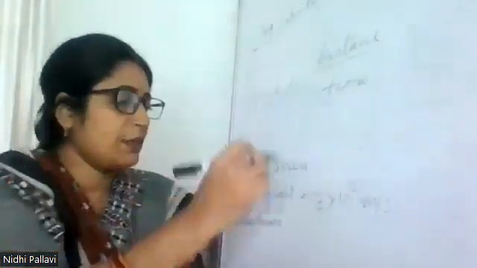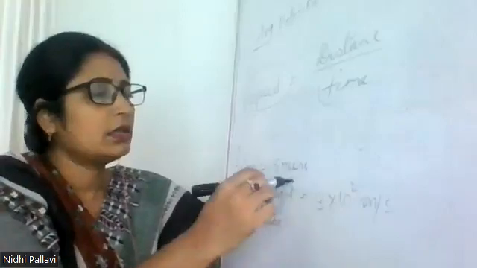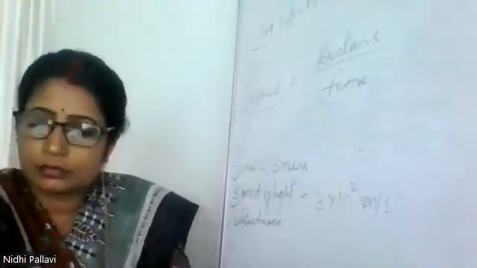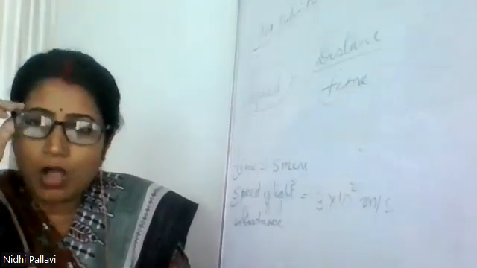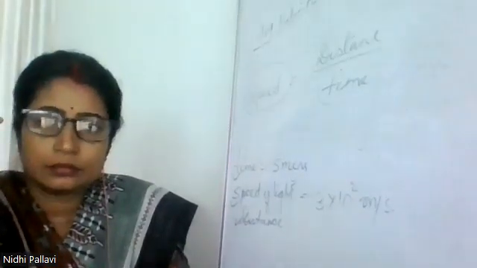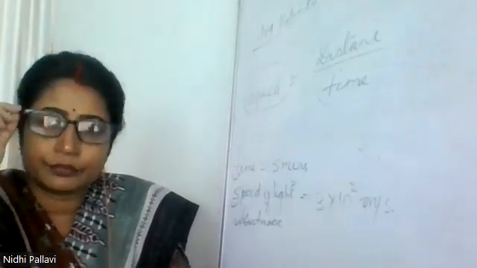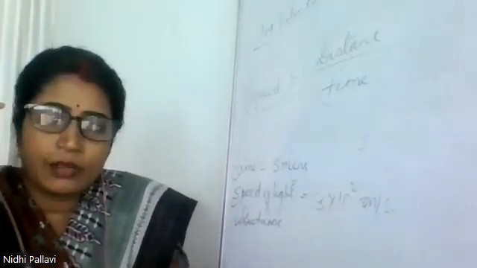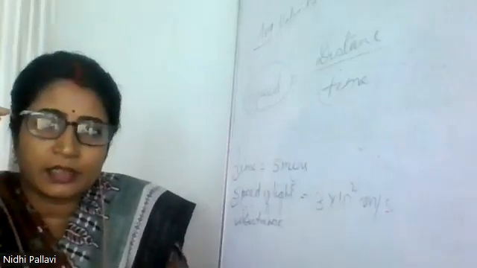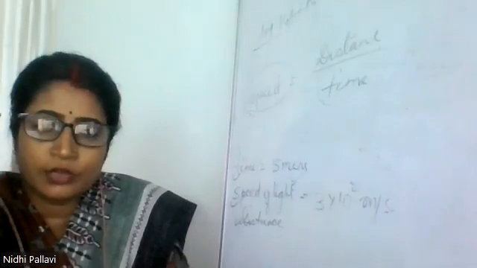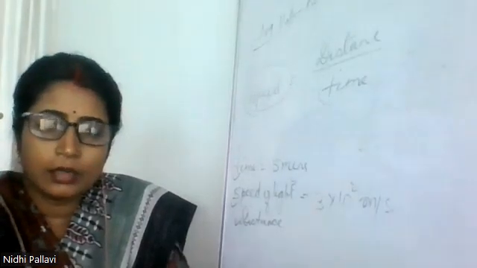time is given in minutes, but you have to convert it into what? Seconds. So how will you convert it into seconds? Ma'am, we will multiply 5 minutes by 60 seconds, so it will become 300 seconds. Okay, 5 multiplied by 60, then you will get the minutes into seconds.